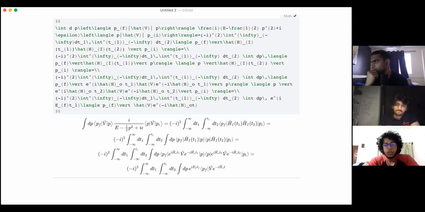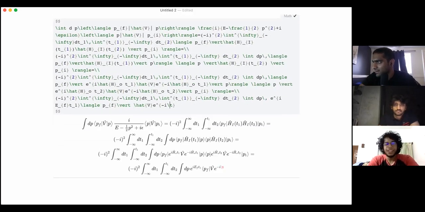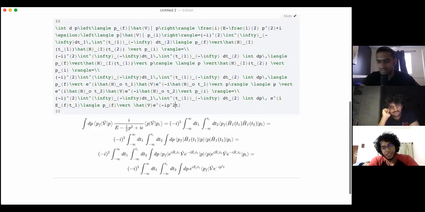So what could that be though? So minus i h naught t, that's just p squared times t, right? Okay.